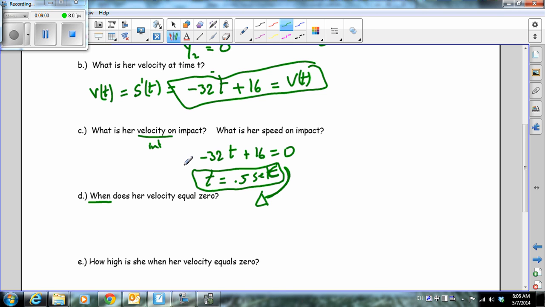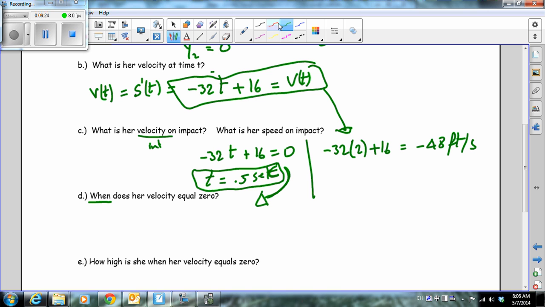What is her velocity on impact? Well, it's impacting the ground at t equals 2. All I have to do is plug in 2. So if I plug in 2 into this equation, I will have negative 32 times 2 plus 16, which is equal to negative 48 feet per second.